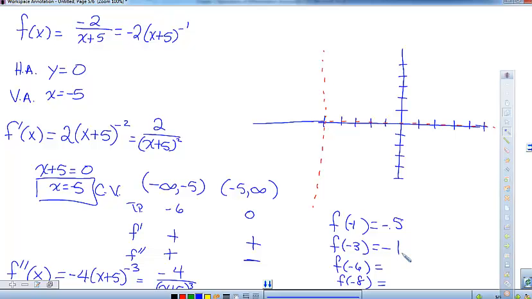And then we got a 2. And then for minus 8, 0.6. Very good. So I'm going to plot these few points. Minus 1, negative 1/2, so that's about right here. And then minus 3, minus 1.